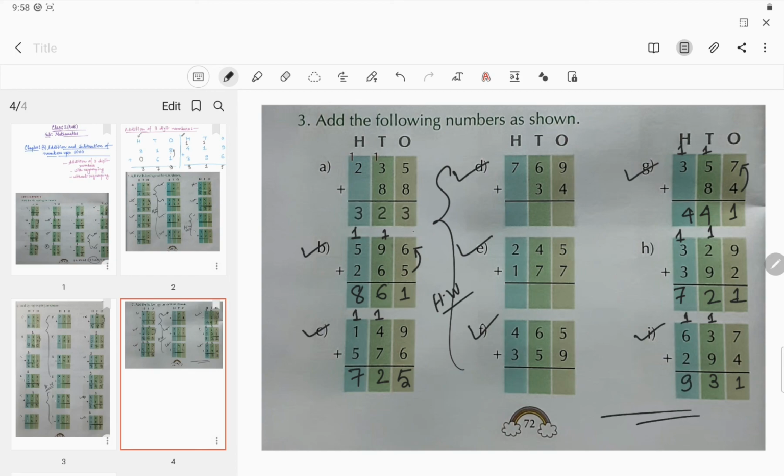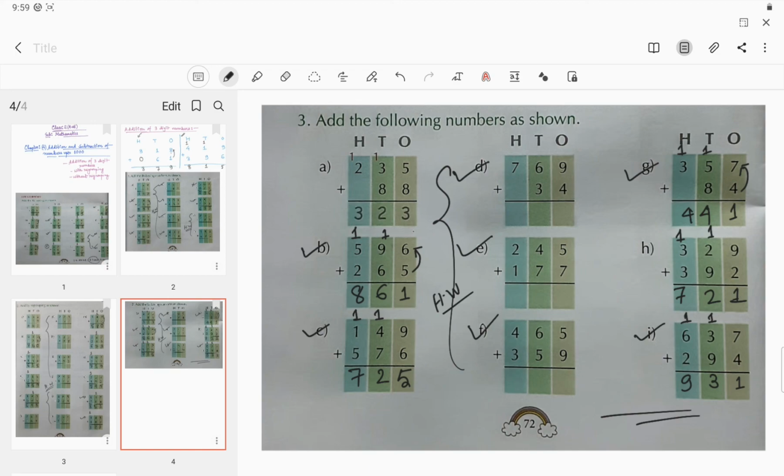We will do the next one, that is addition of three digit numbers. In this video session we were doing addition of 3 digit numbers with 2 digit numbers, sometimes 3 digit numbers with 3 digit numbers, but 2 times.